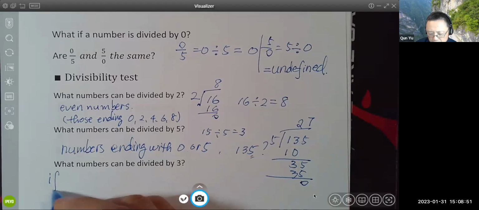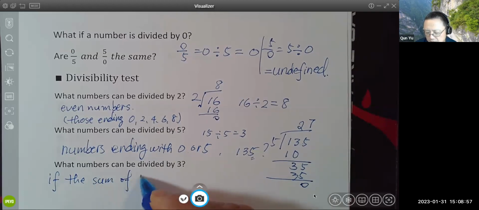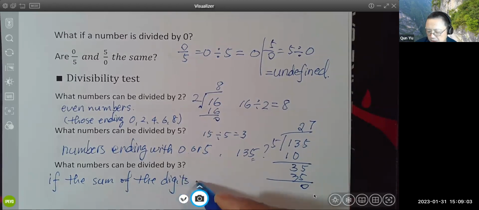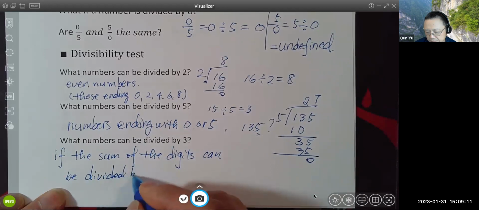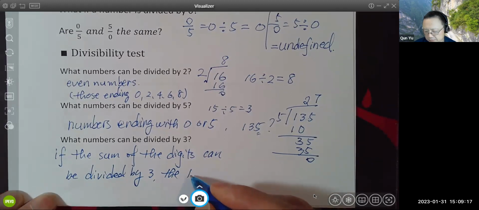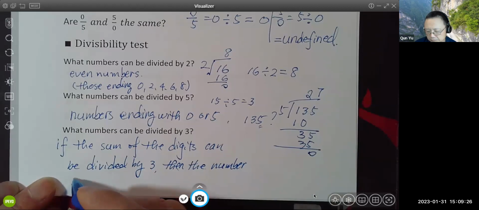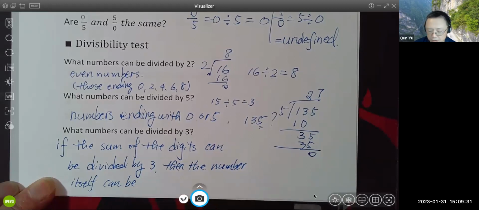If the sum of the digits in the given number can be divided by 3, then the number itself can be divided by 3. This is just another way to say the multiples of 3.